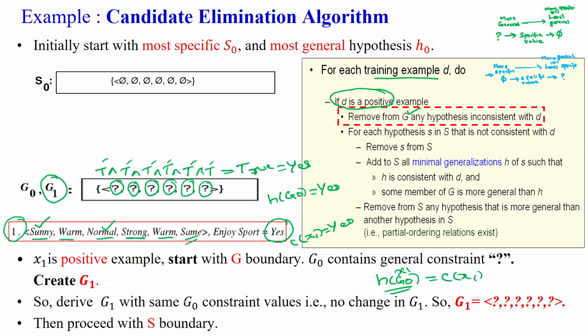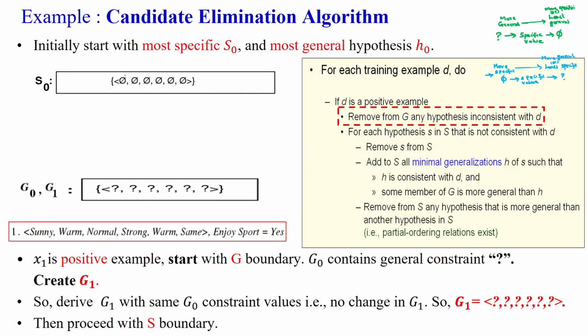Then the second step is moving into the specific boundary. We have to check all the constraints in S0. When checking S0, we match each constraint. Does the null constraint match with sunny? No, it is not matching.